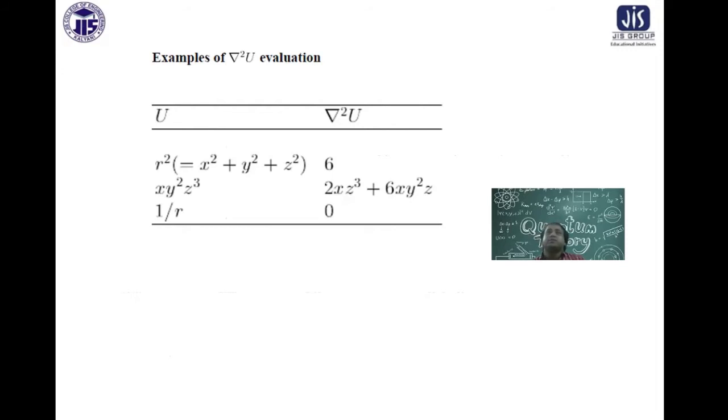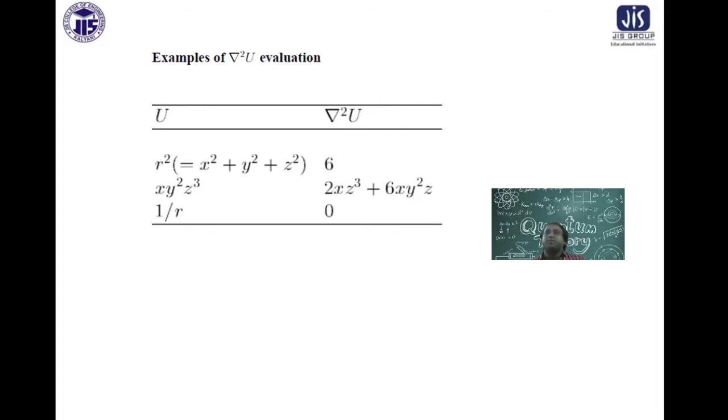Suppose u is x square y square z cube. If you do del square, you can understand what would happen. The double derivative with respect to x will make 0.